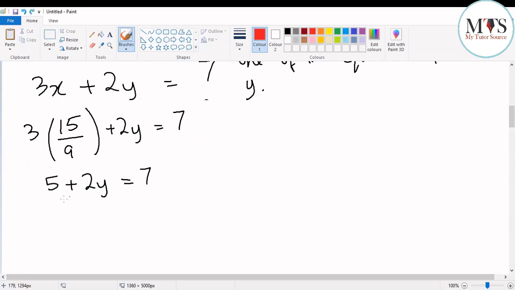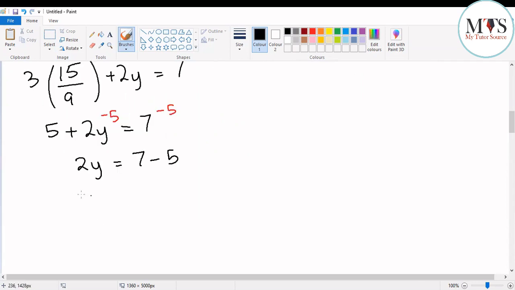So first, let's get rid of this 5. How would we do that? We subtract, that's correct. It's being added, so we can subtract. So that gives us 2y equals 7 minus 5, which gives us 2y equals 2.